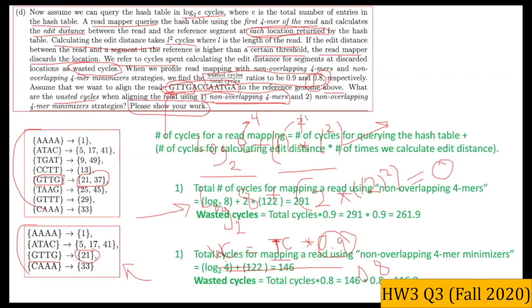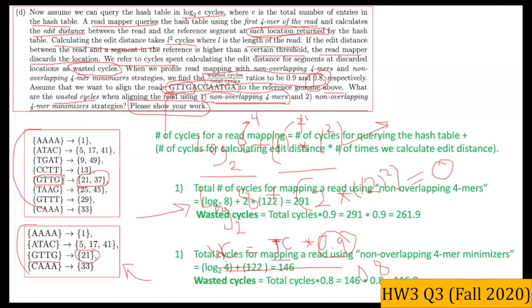That means we have a more time efficient process with the minimizer, because the hash table is basically smaller. So we have fewer entries in the hash table and fewer locations. So whenever we query a seed, we probably get less work to do and fewer edit distance operations.